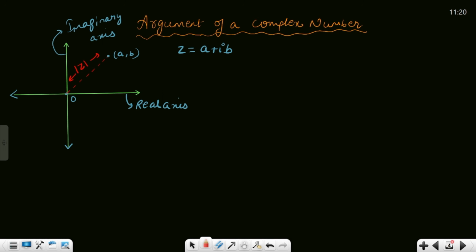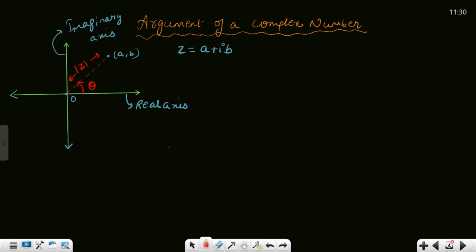So if I want to reach this point a comma b, first of all we measure the distance between the origin and the plotted complex number point, and then we mark the angle it is making from the real axis. If I tell you these two things, then you can easily go to the plotted point a comma b.